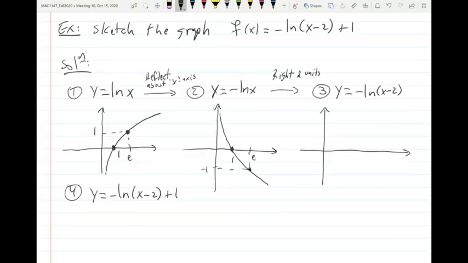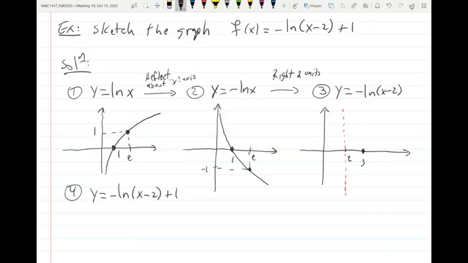We're moving everything to the right 2 units, so now we're gonna have an asymptote at x equals 2. Now the vertical asymptote is moved. Instead of being the y-axis, it is now the line x equals 2, and everything else moves accordingly. So the point 1, 0 becomes 3, 0, and then the point e, -1 becomes e plus 2, -1.